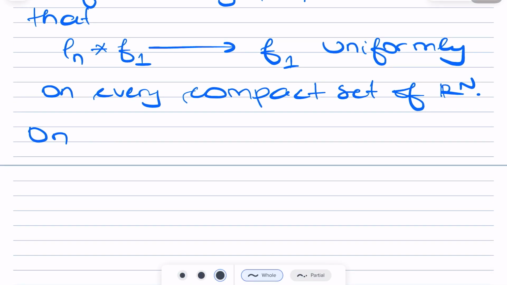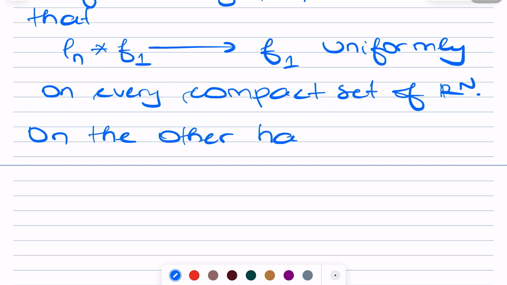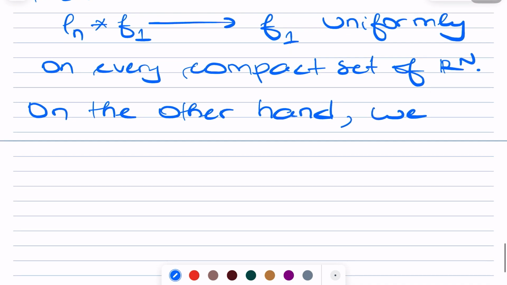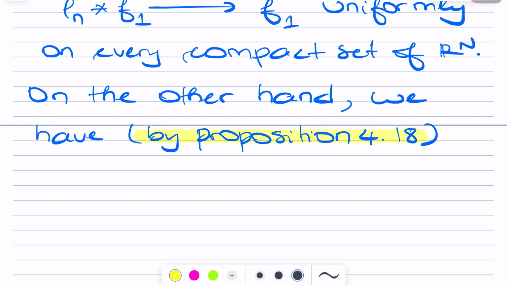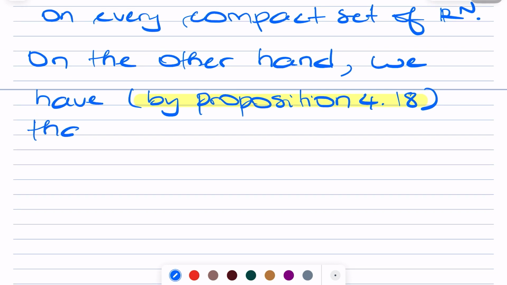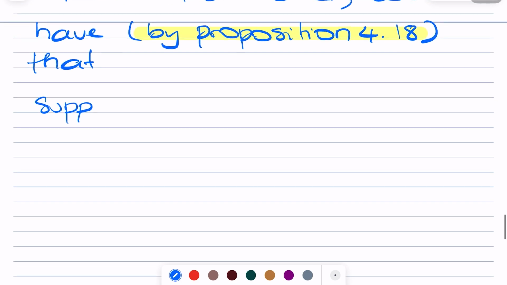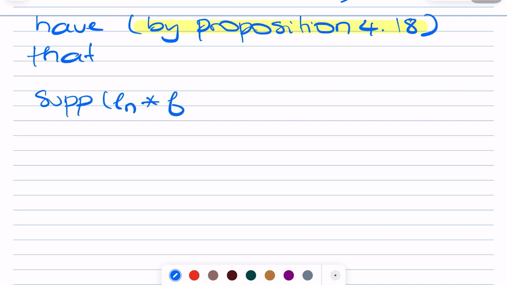On the other hand, you have by proposition 4.18, and please check out my previous video about convolution and regularization once again, that we saw that the support of the convolution product is contained in the closure of the sum of the supports of each function, the support of rho n and the support of f1.